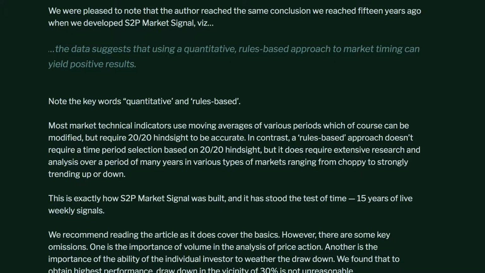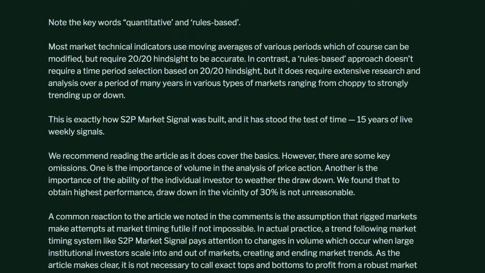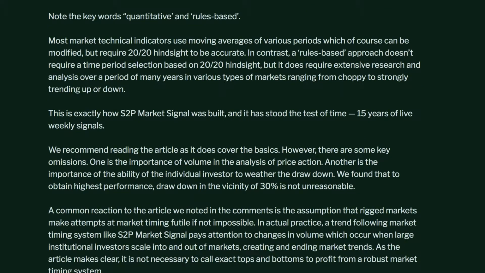Note the keywords quantitative and rules-based. Most market technical indicators use moving averages of various periods, which of course can be modified, but require 20/20 hindsight to be accurate.